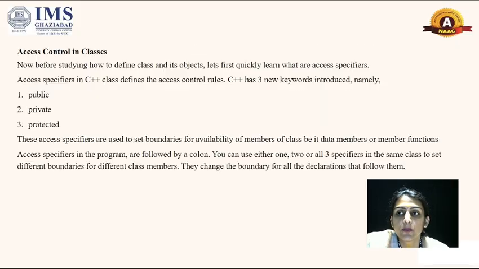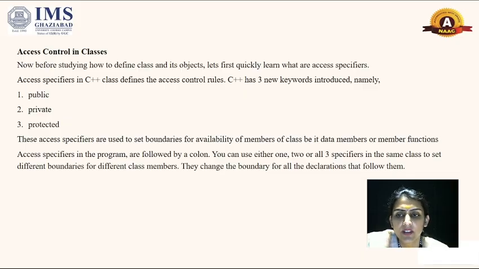Now we come to access control in the class. A class can be accessed in how many ways, that we will see. Let's first quickly learn what access specifiers are. There are three types of access specifiers used in C++, namely public, private, and protected.